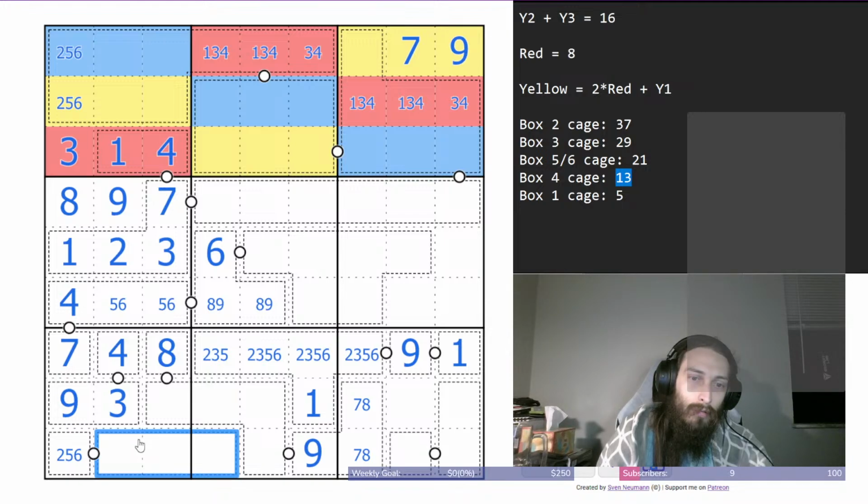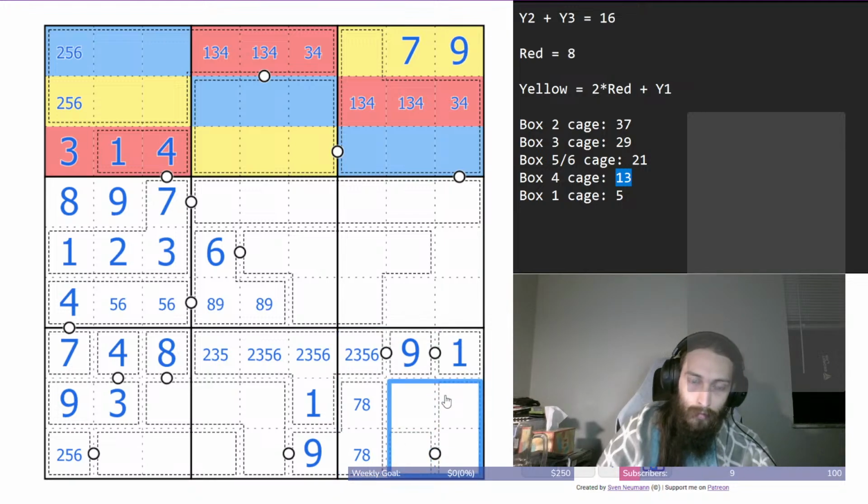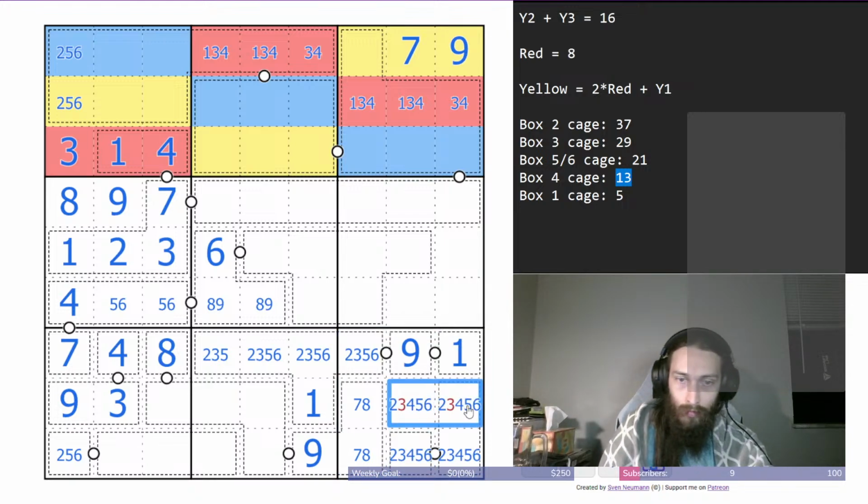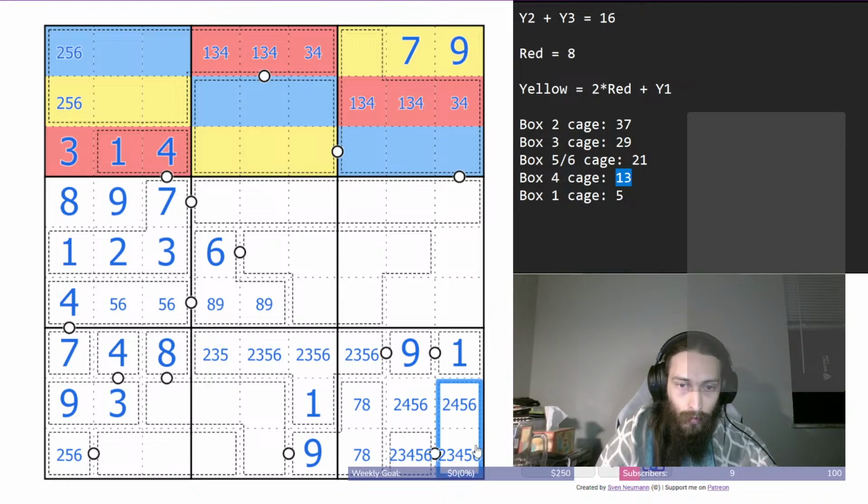In box 9, what's left is 2, 3, 4, 5, 6. Okay, if this 2 is plus 8, maximum 11. If that's 2, then that's 4, 6.